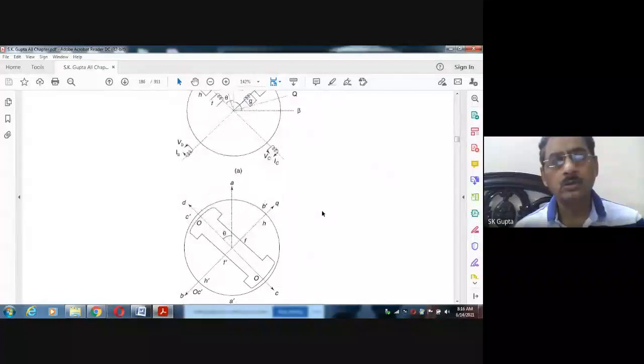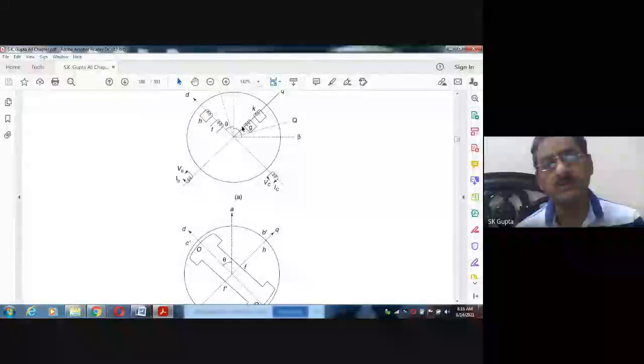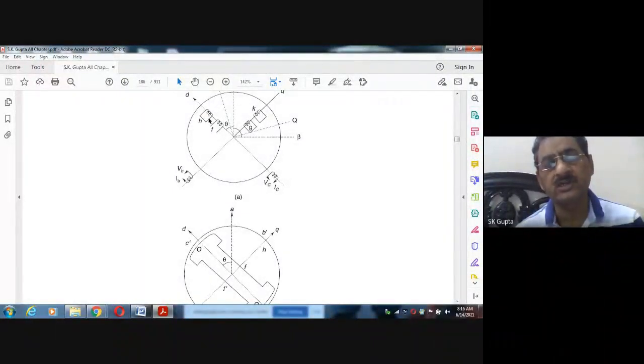If you see in this direction, current entering is considered positive in the field winding. So this is IF, the field current. The currents flowing into IH, IG, IK are the short circuit currents, because the damping windings are short circuited. But in the field winding, current is flowing outside.